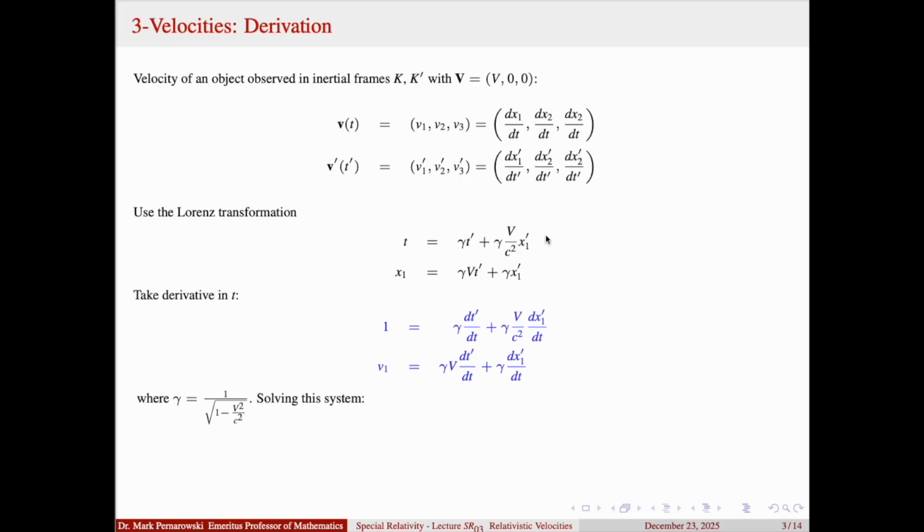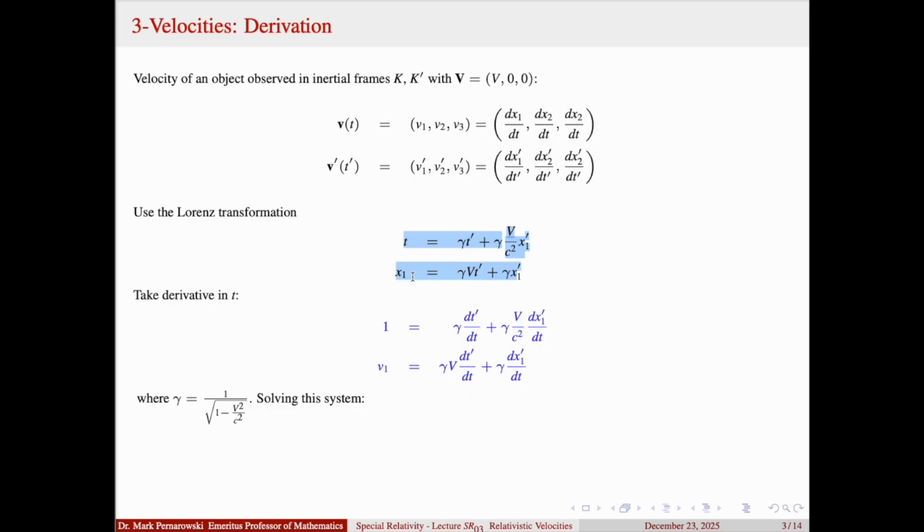So to do the conversion, we're going to take the time derivatives of both of these two expressions. We can take the derivative of the first equation in t, recognizing that on the right side, t prime and x1 prime both depend on t. So when I take the derivative, they don't go away. There are some unknown derivatives.